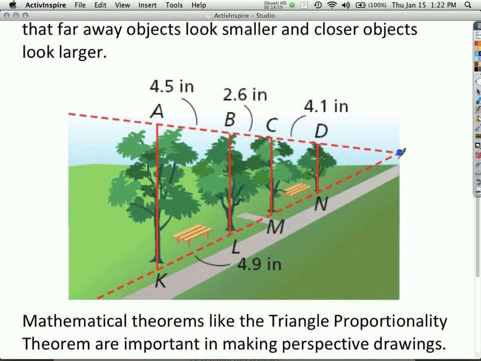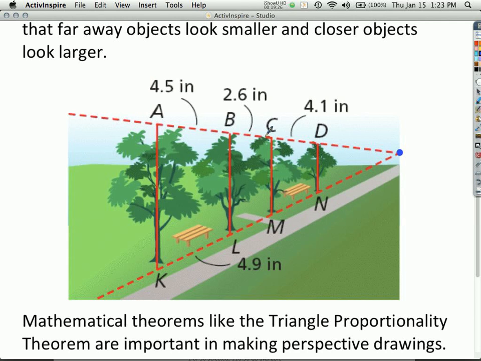And this is actually a mathematical idea. Artists end up doing it by instinct, usually. But if you took a famous painting that had depth to it, 1-point perspective depth, we could measure, and we would find that distances were actually proportional.